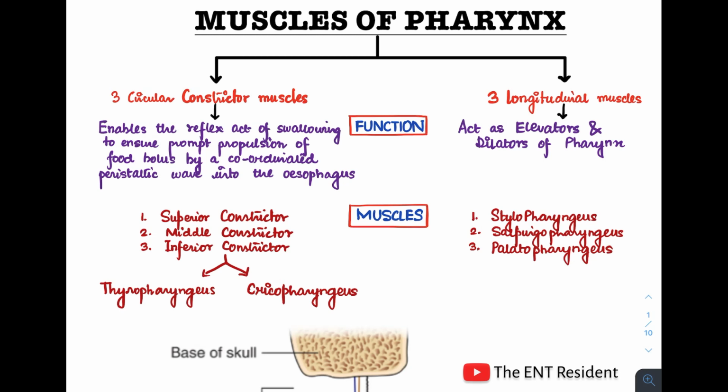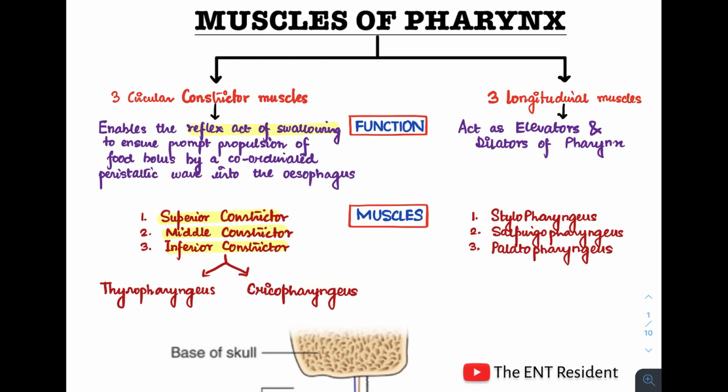Now these constrictor muscles have a specific function. They enable the reflex act of swallowing to ensure prompt propulsion of the food bolus by a coordinated peristaltic wave into the esophagus. So basically they're assisting in the reflex act of deglutition. These constrictor muscles are circular and they are 3 in number: the superior constrictor, the middle constrictor and the inferior constrictor.